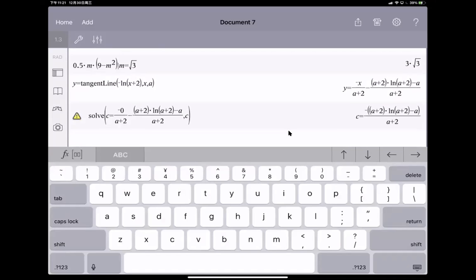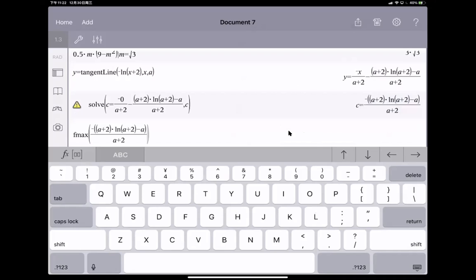Instead of differentiating function C in terms of A, I'm actually using F max again. See? Once again, you use F max, but this question is disguised in a way that you can't directly realize the possibility of using F max. So you have to read the question carefully and draw auxiliary diagrams if appropriate, okay? Which will facilitate you finding out any potential CAS usage.